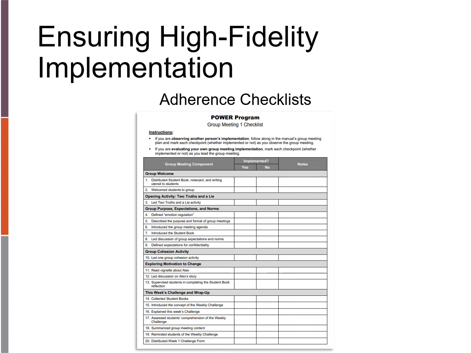When adherence checklists reveal low adherence to group meeting protocols, group meeting facilitators may choose to repeat group meeting plans or seek consultative support in implementing the POWER program. The POWER program adherence checklists are available in the Data-Based Decision-Making Guide. There is an adherence checklist specific to each core group meeting, as well as the booster group and individual meetings.